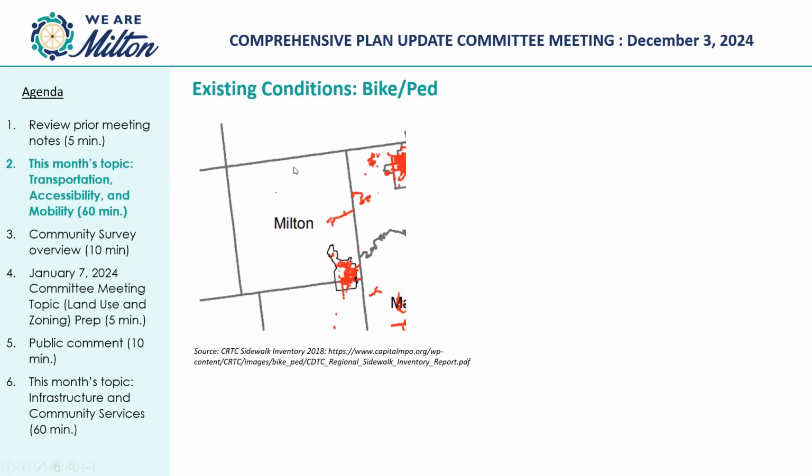And then for bikes, technically, I believe under state law it's illegal for bicyclists to ride on the sidewalk. Correct. So what we're talking about here is not necessarily recreational paths like the Milton Mile.